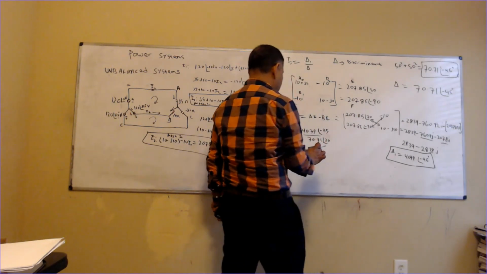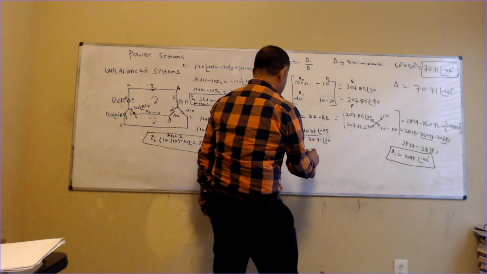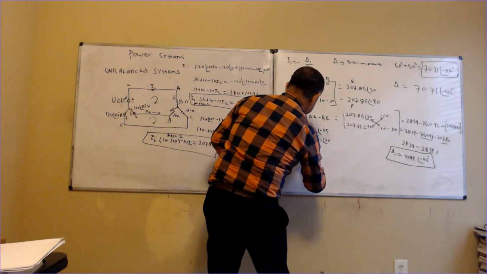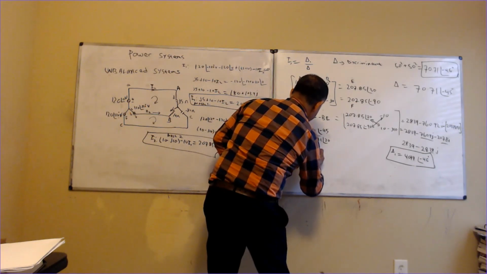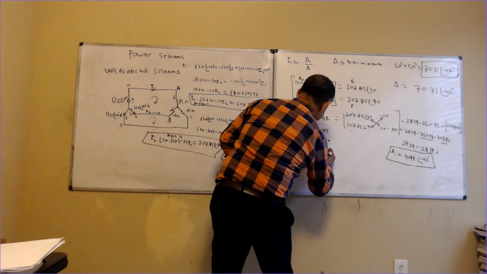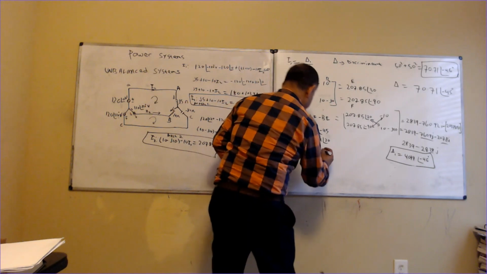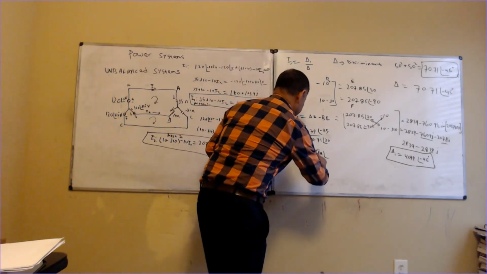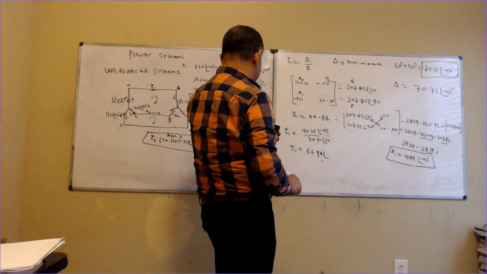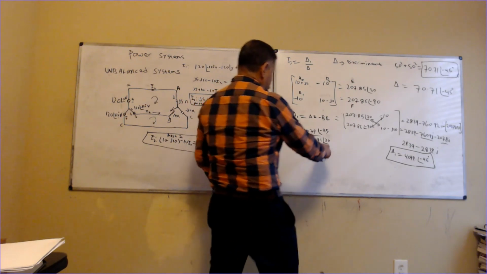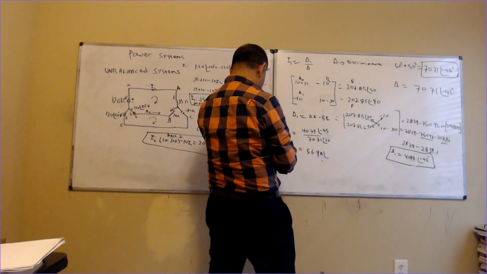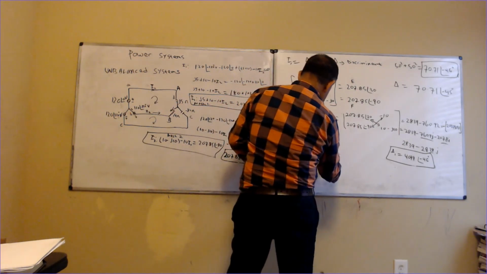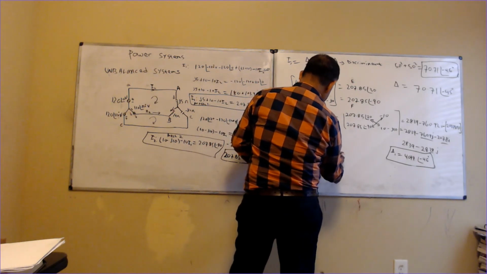So when I move this up, this becomes I1, and that is equal to around 56.9 amps at an angle of, when I bring this up here, minus 75 degrees, right?